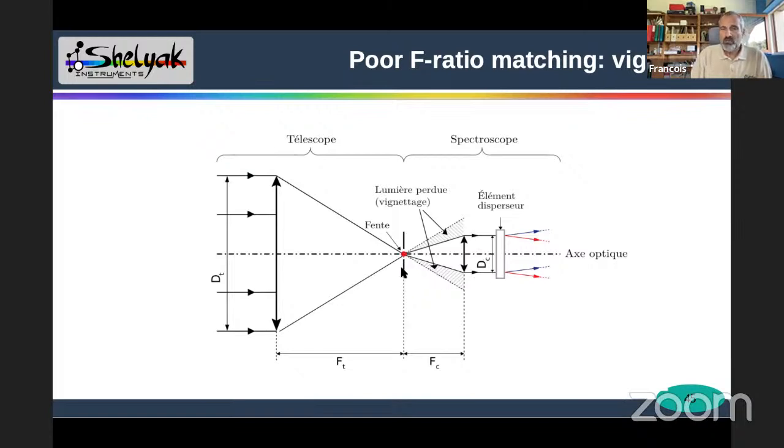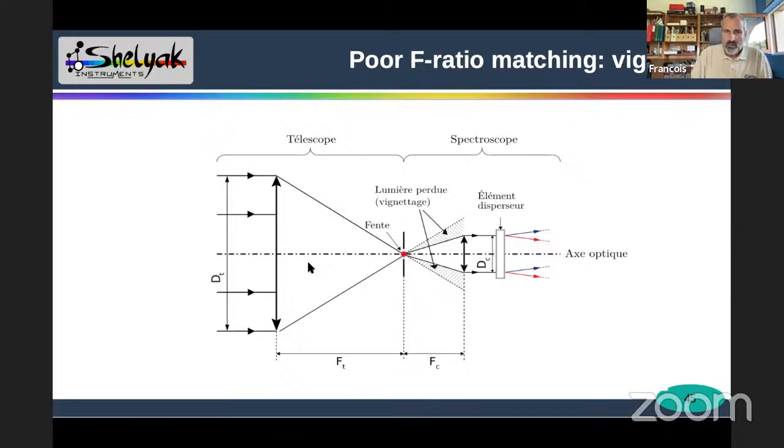In this case, what happens? You'll see that this part of the beam, the gray area here, will not go into the spectroscope, and this light will be lost. You lose light by vignetting. This light will never enter the spectroscope.